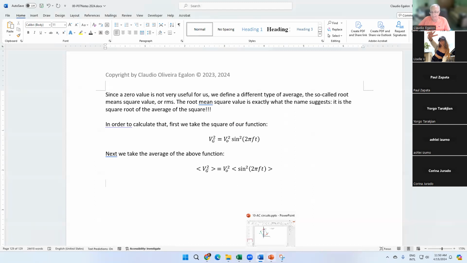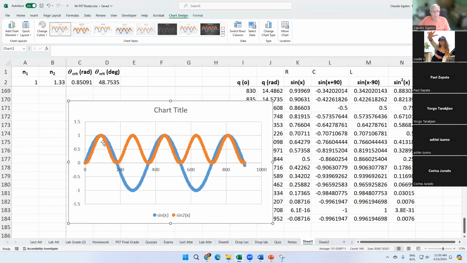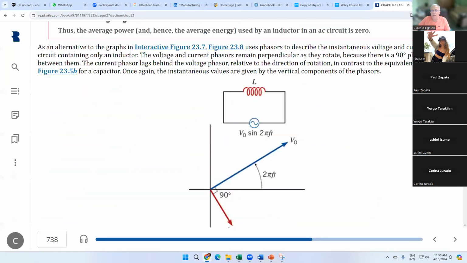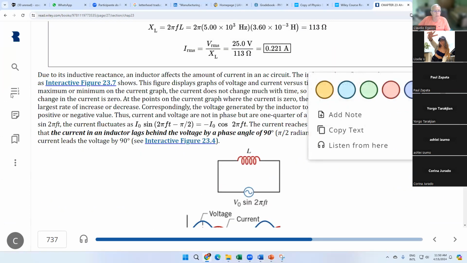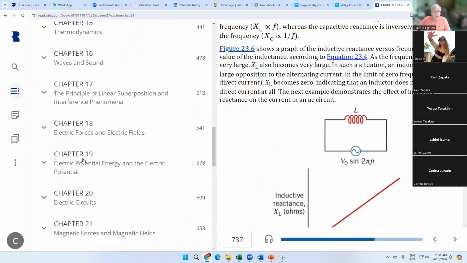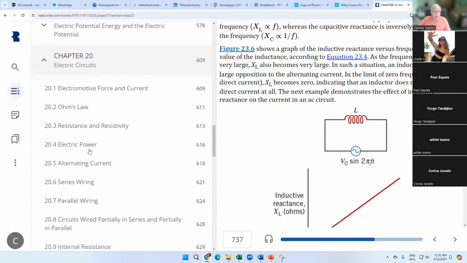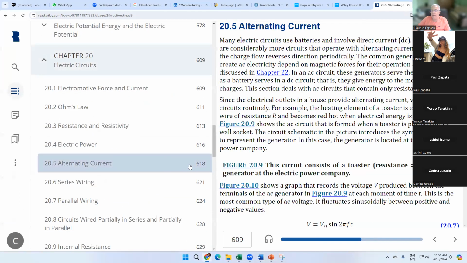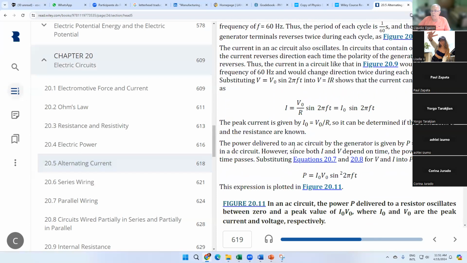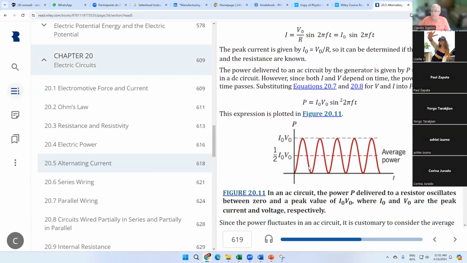And there is an average value for that. We can go to the book, you're going to see it. It should be in that chapter that we went over before, electric circuits, right here, alternating current. That's when they talk about the root mean square value. Here you go. It's doing exactly what I'm doing.